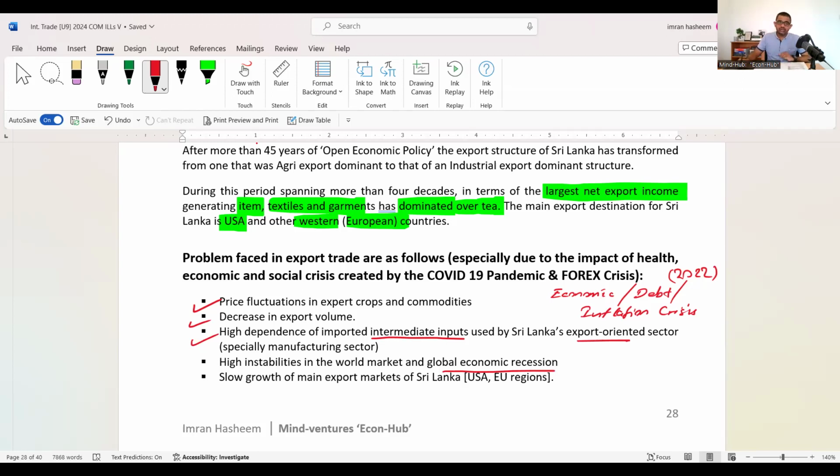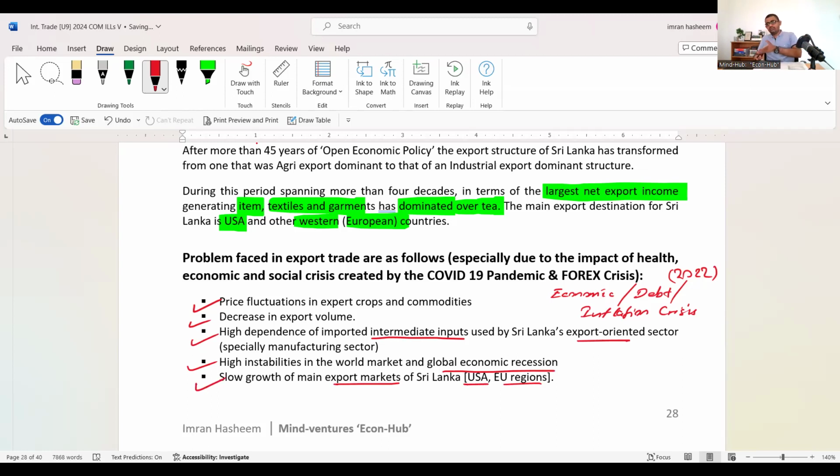When the global economy goes into a recession, when the global demand and the global economic activity levels reduce, that affects all the countries. Okay? Unless you're North Korea. Right. A perfectly closed economy. Then slow growth of main export markets. We talked about this, especially the US and European region. So these were the major challenges we had to face.